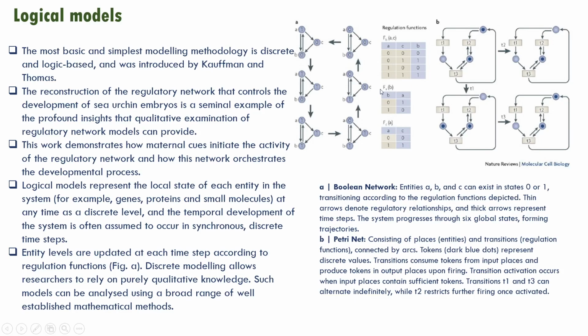Basically, B is an OR function between A and C. If A is 0 and C is 1, B is 1. So like this, these are regulatory functions imposed on your model, imposed on your system, and the change of states of the genes or proteins you're modeling is governed by these regulatory functions.